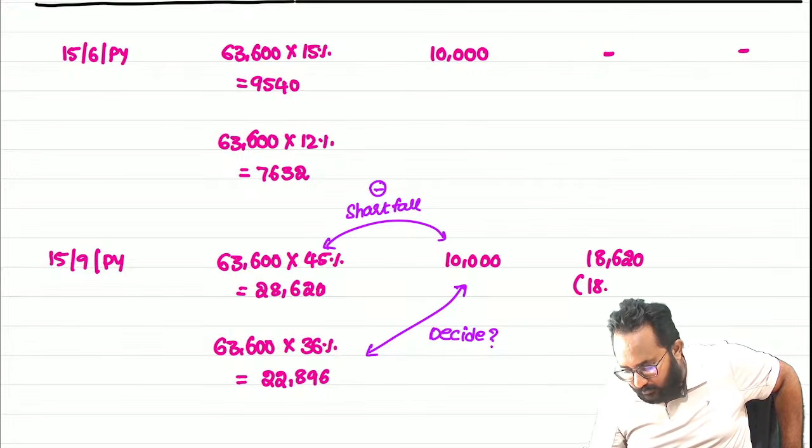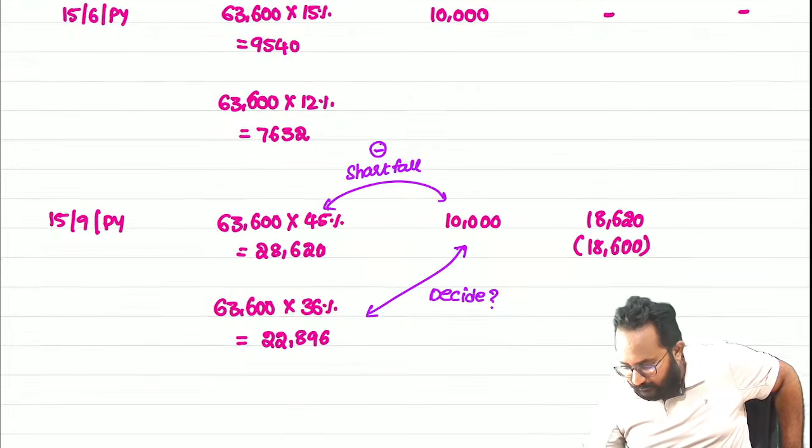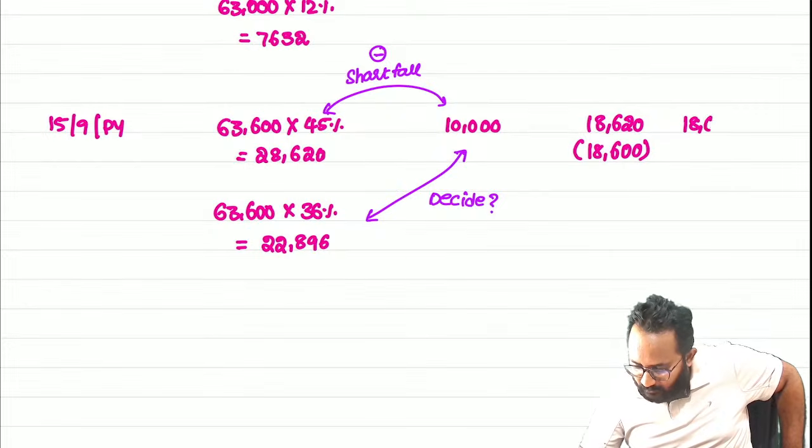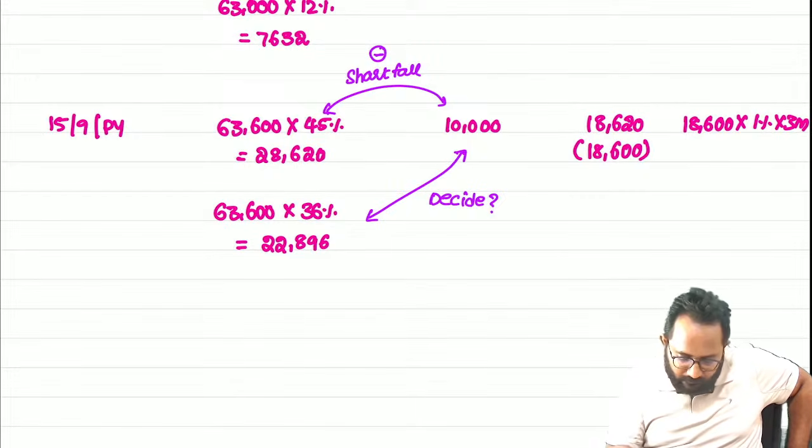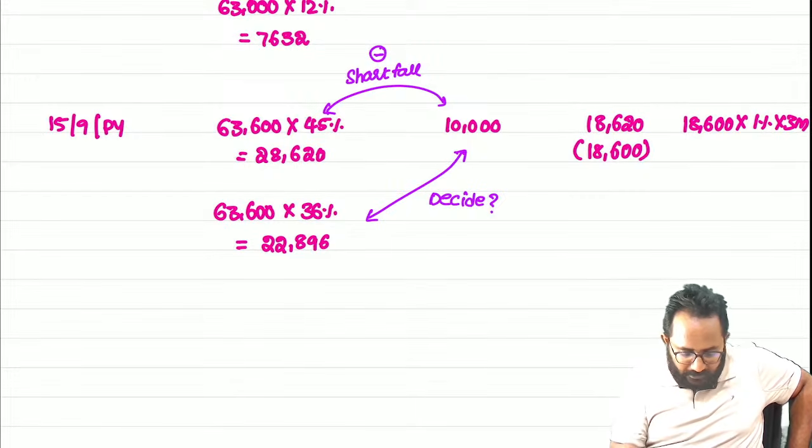Interest we should calculate on the lowest multiple of 100. 18,600 into 1% for how many months? 3 months. 18,600 into 1 into 3, 558.